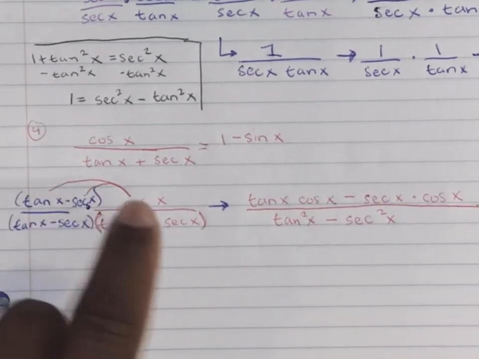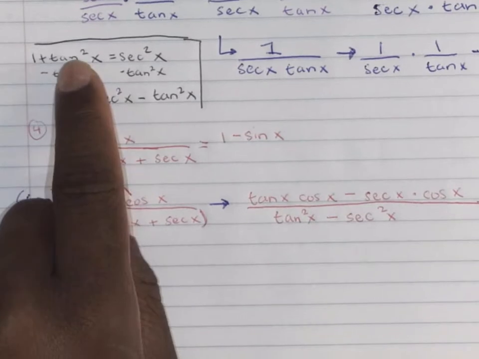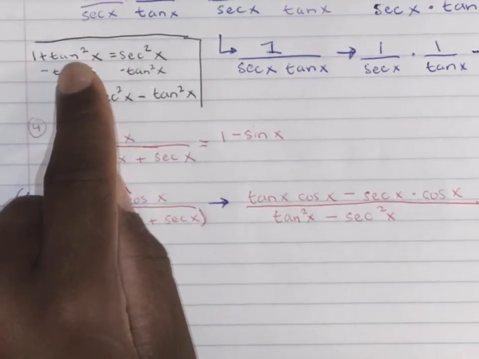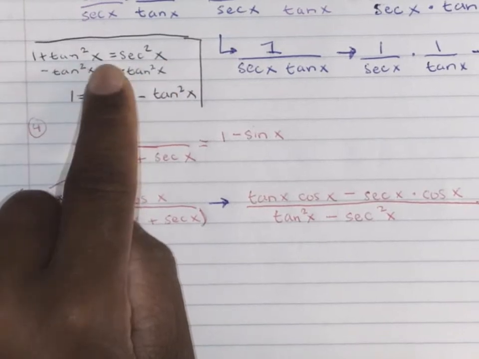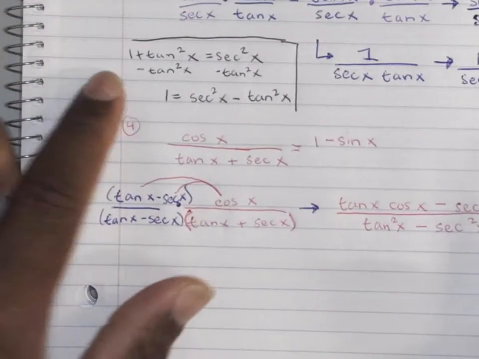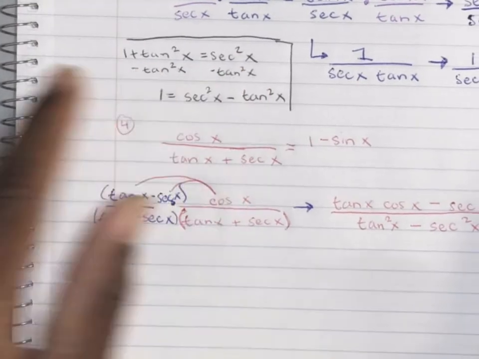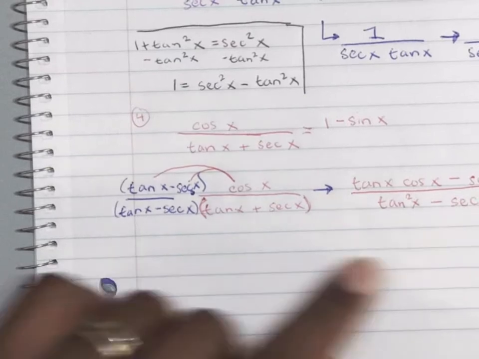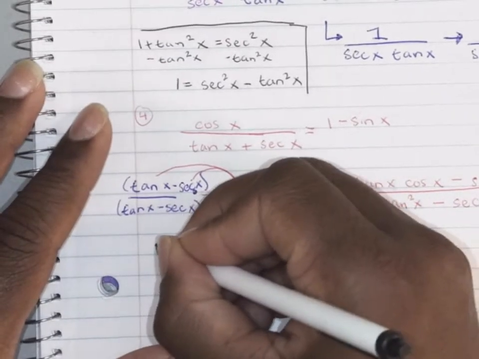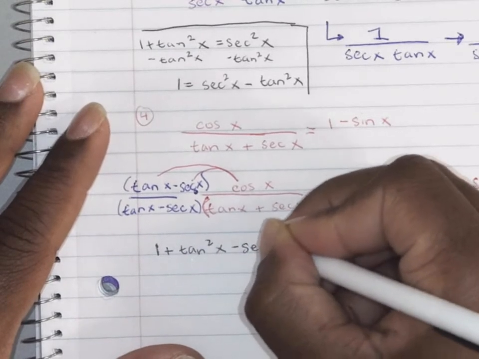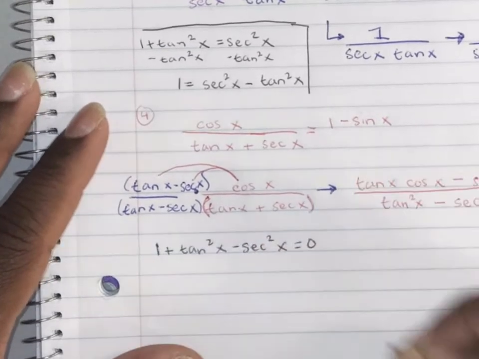So let's see, what would this equal? If I go back to here, I think if I subtract secant and bring it over here, that would give me, and I'm starting off from this Pythagorean identity. So if I subtract secant and put it over here so it would look like that, I would get 1 plus tangent squared x minus secant squared x equals 0.